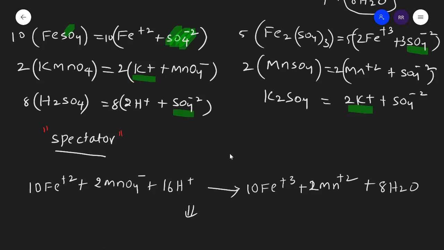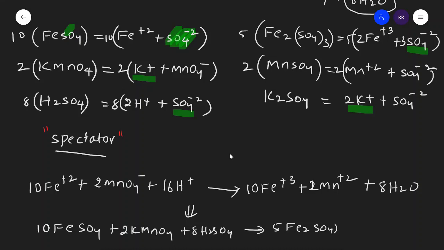So then you will get 10 moles of FeSO4 plus 2 moles of KMnO4 and 8 moles of H2SO4, then 5 moles of Fe2(SO4)3, and 2 moles of MnSO4 and 8 moles of H2O. This is how you can convert an ionic equation form into a formula equation form.